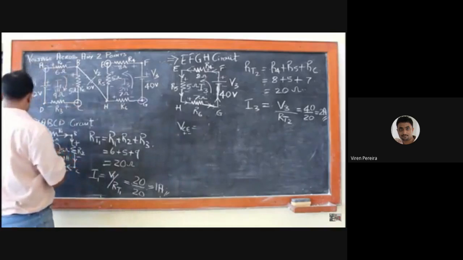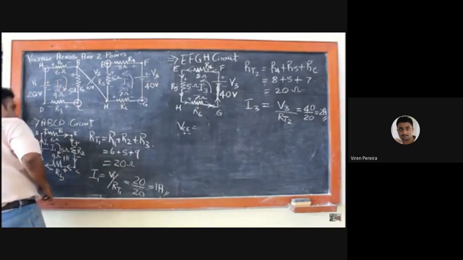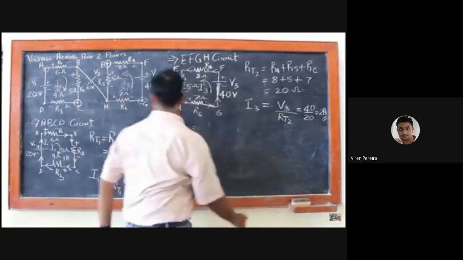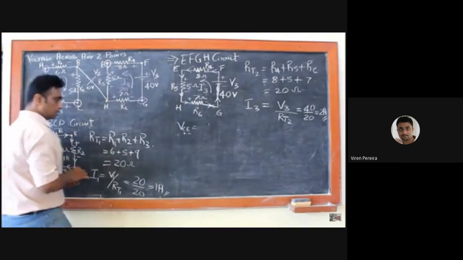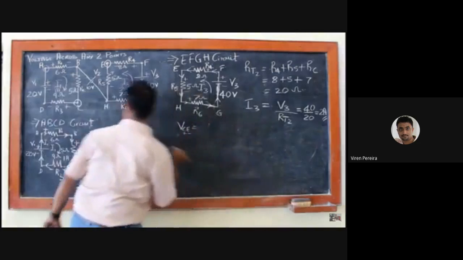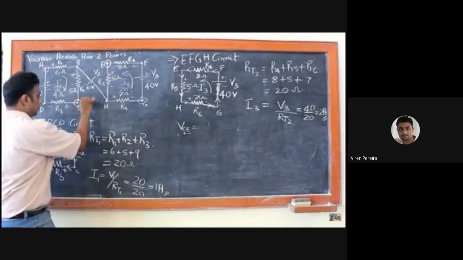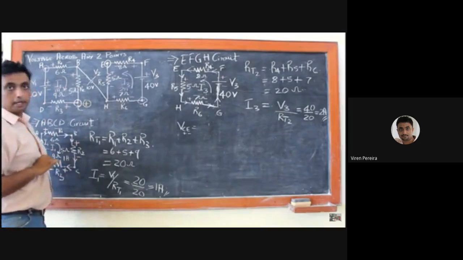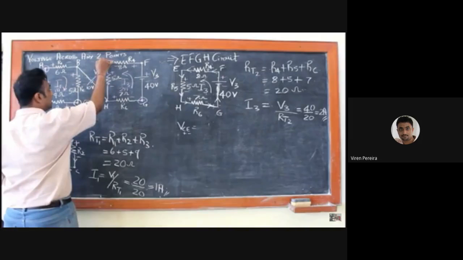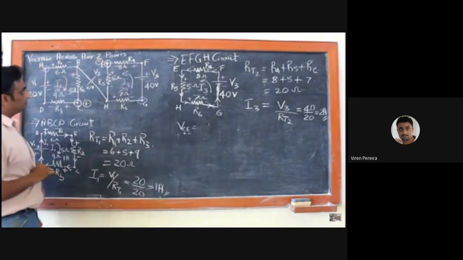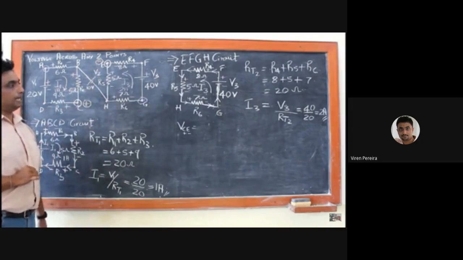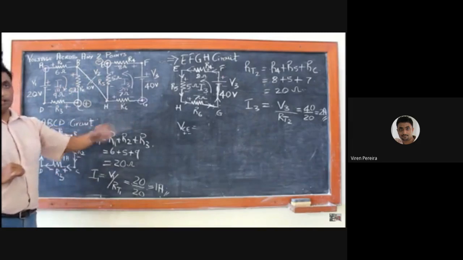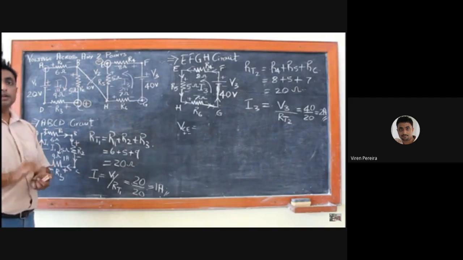So I took this terminal as positive, which I am denoting with the circle, and I took this terminal as negative. So I have my positive terminal and I have my negative terminal. Now for this problem, you can go either in 2 ways.